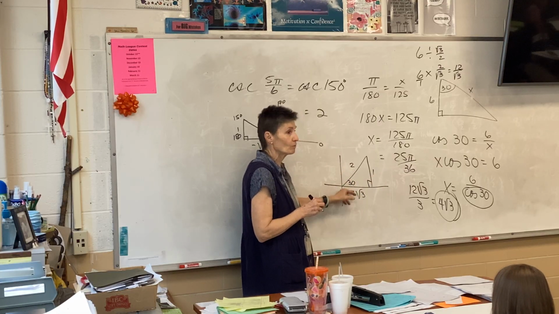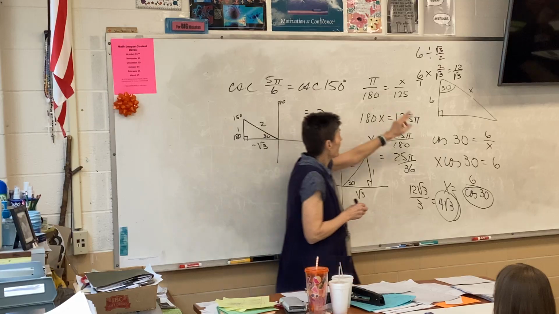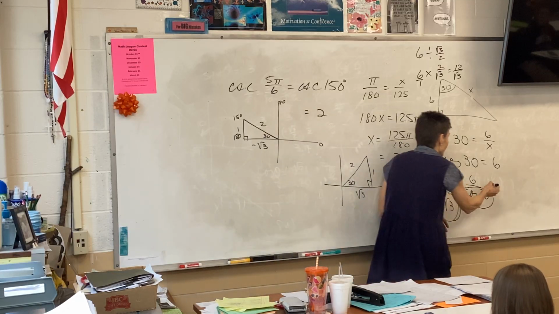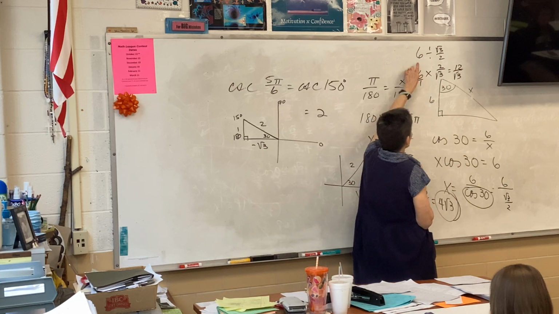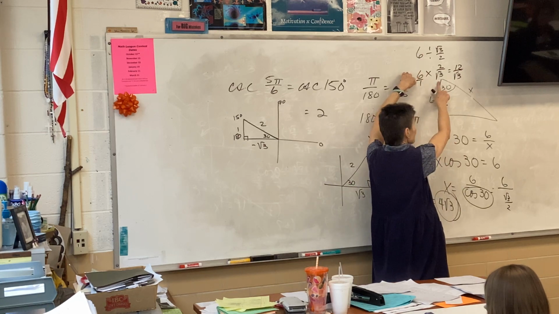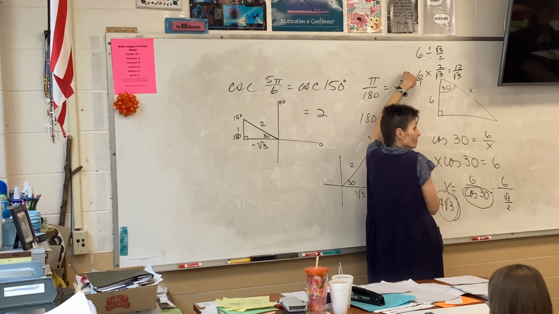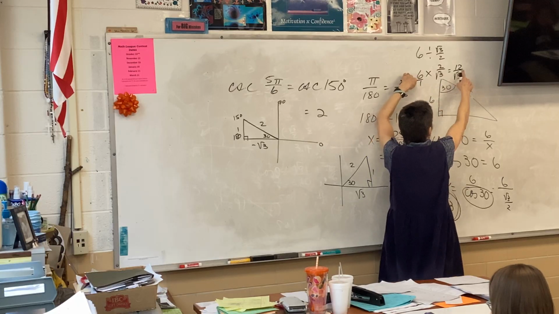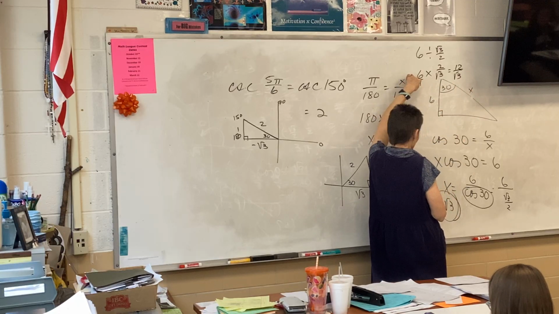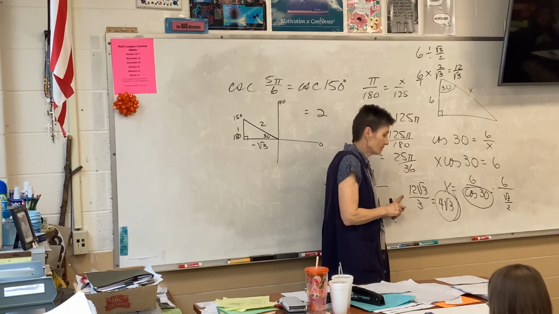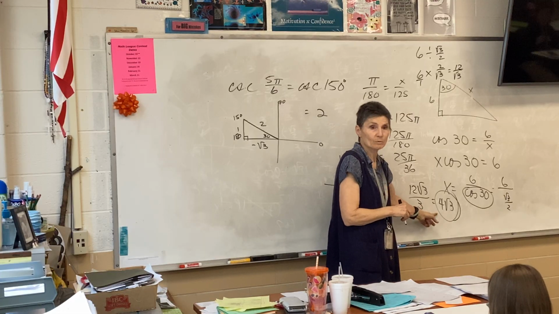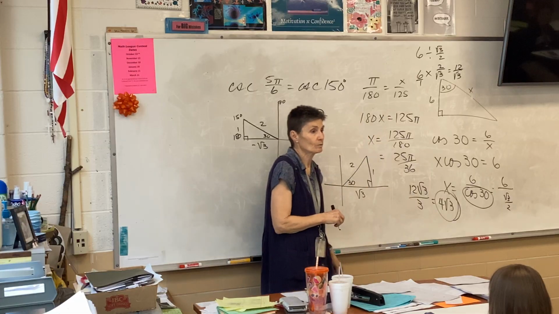Cosine is root 3 over 2. So I had 6 divided by root 3 over 2, which is 6 times 2 over root 3, which is 12 over root 3, which is 12 root 3 over 3, which is 4 root 3. So the answer is 4 root 3.